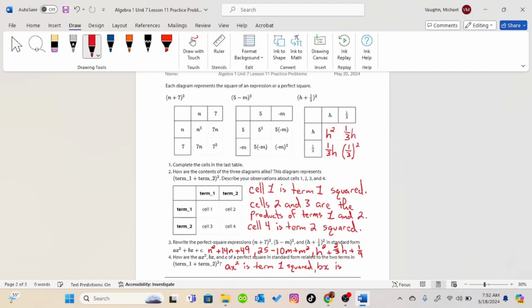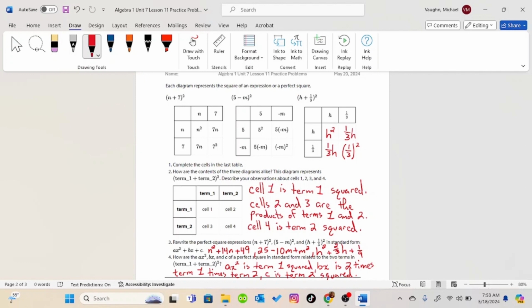Bx is 2 times term 1 times term 2, and c is term 2 squared.